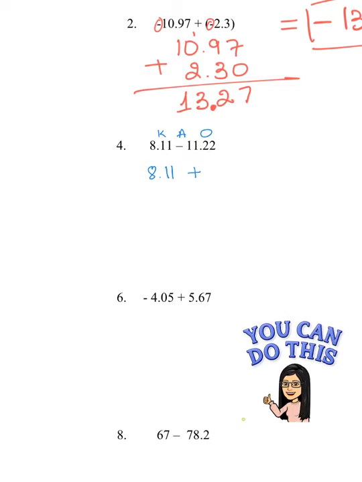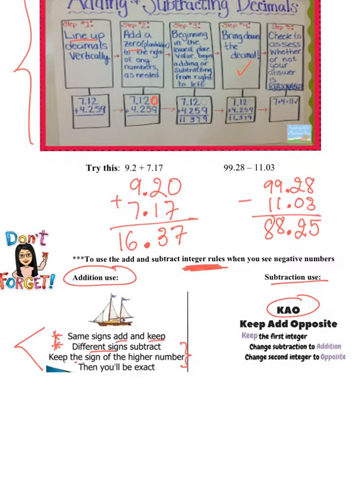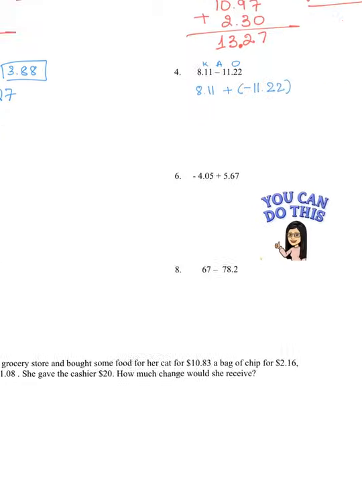Opposite of 11.22 will be negative 11.22. Now, we're going to follow the addition rule that they are different side. You're going to subtract them and keep the side of the higher number.